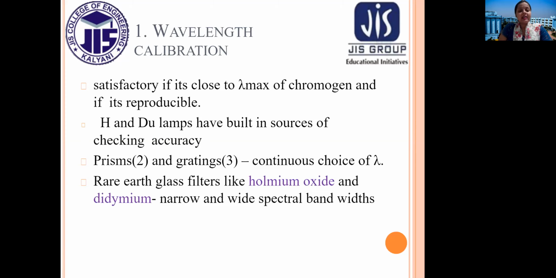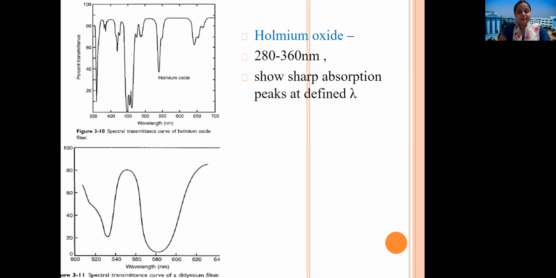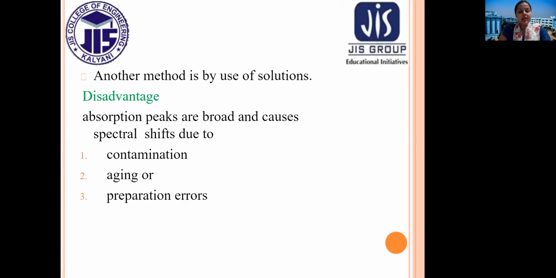Rare earth glass-like filters like holmium oxide and didymium give narrow and wide spectral bandwidths. This is the holmium oxide from 280 to 360 nanometer, which shows sharp absorption peaks at defined lambda. Another method is by use of solutions.